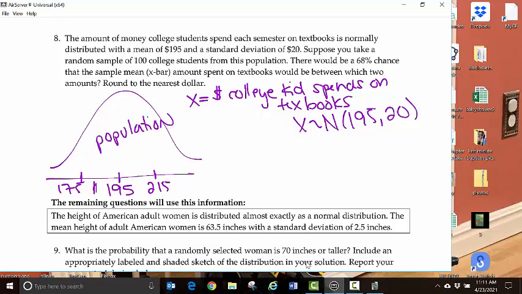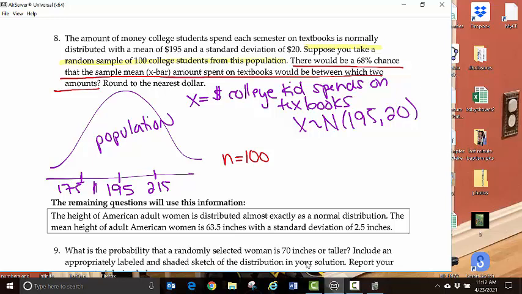Now, going on to question number 2, it says, suppose that you take a random sample of 100 college students from this population. Okay, so they took a sample, and now we have a sample where n is 100. There would be a 68% chance that the sample mean X bar spent on textbooks would be between which two amounts?